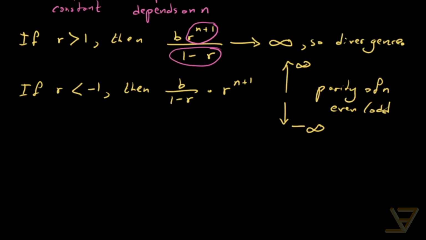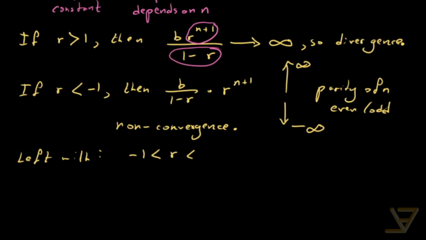But either way, we have non-convergence. So what we're left with is the following interval. We have -1 is less than r and r is less than 1.